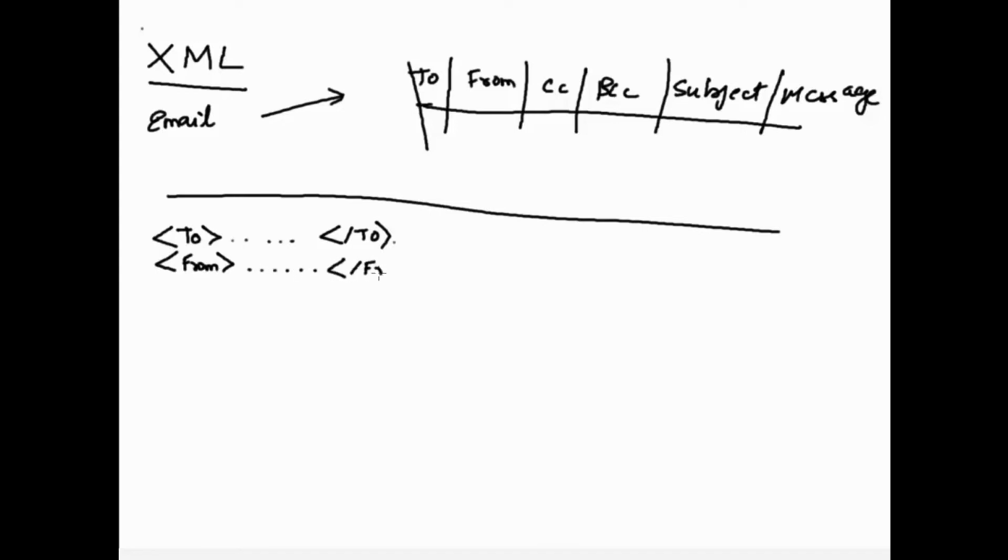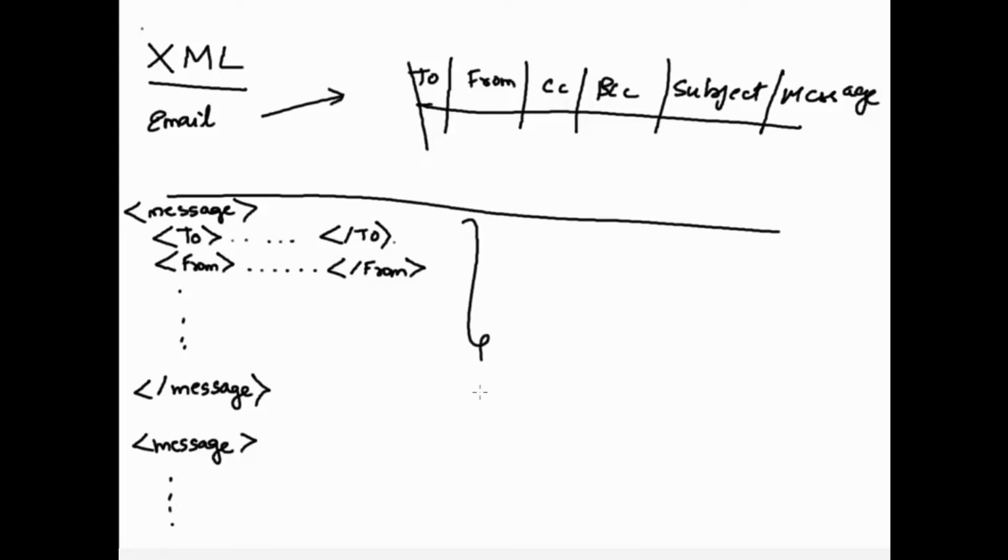I put my from address here, and then /from. So it's basically a set of tags, and I can say this is my message, with a main message tag and /message. I can have multiple messages like this, multiple emails, and this is a way of representing the data.